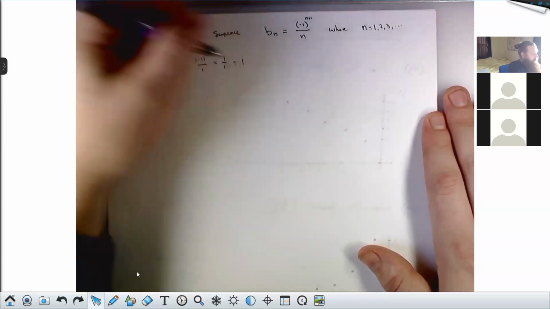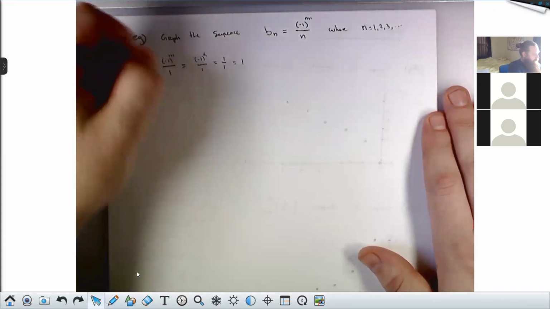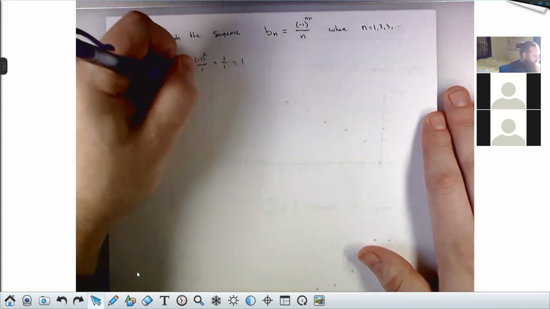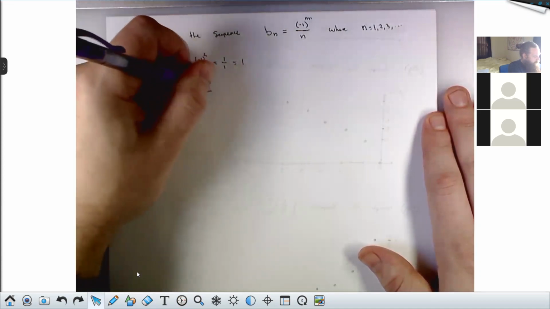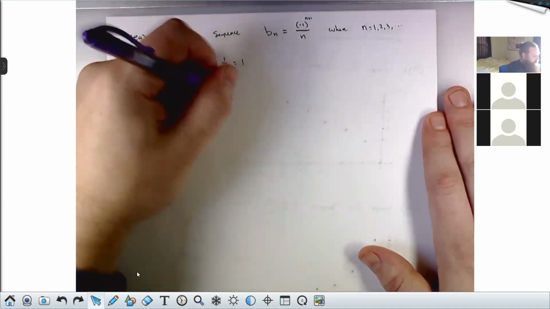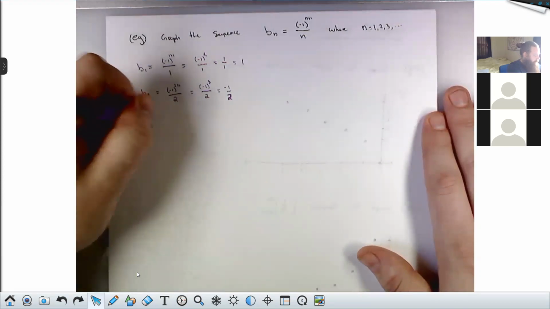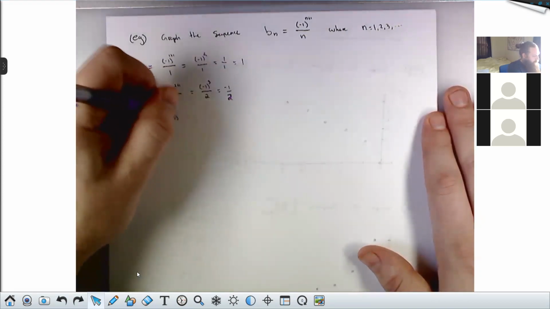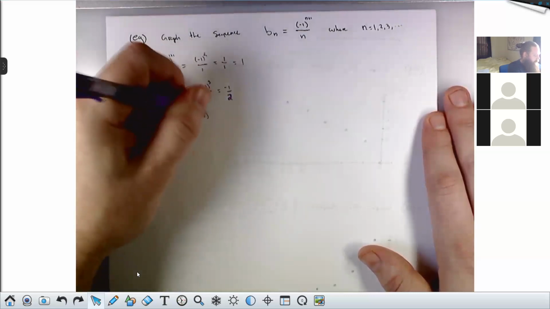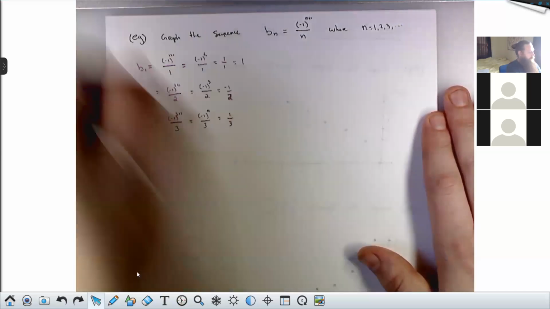So b1 is 1. b2 is -1 to the 2 plus 1 over 2, which is -1 cubed over 2, which is -1/2. b3 would be -1 to the 3 plus 1 over 3, which is -1 to the 4 over 3. -1 to the 4 is +1, so this is +1/3.